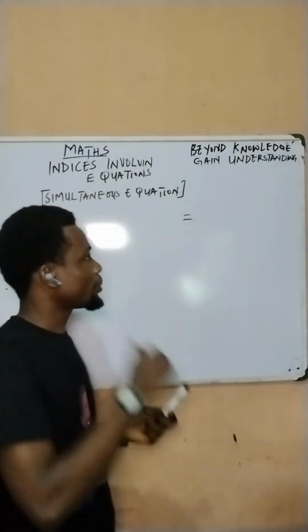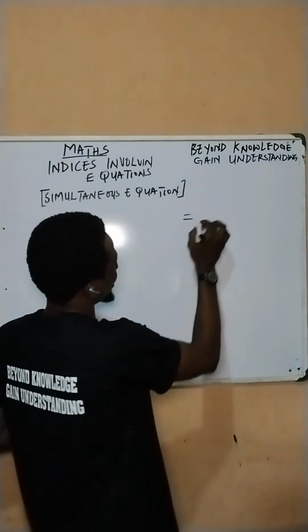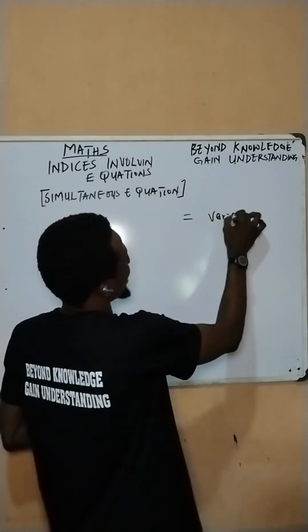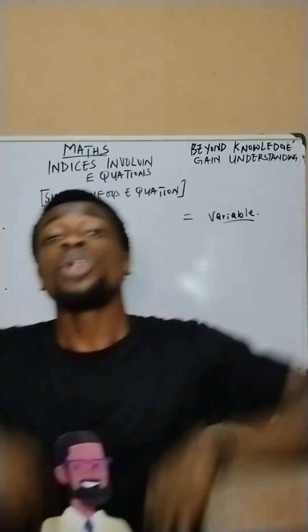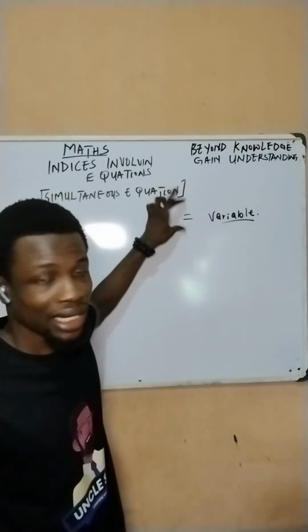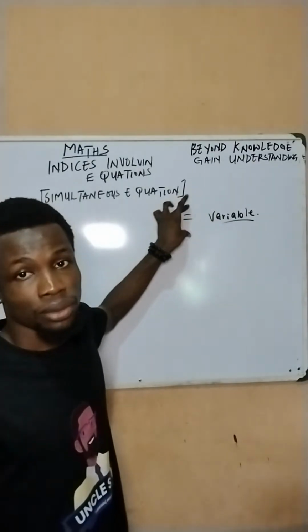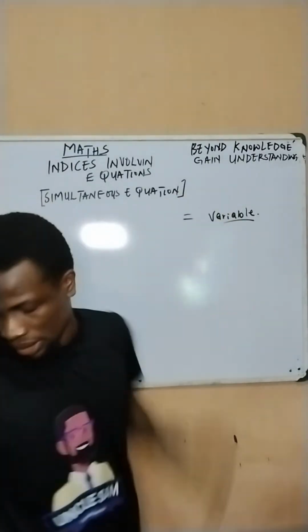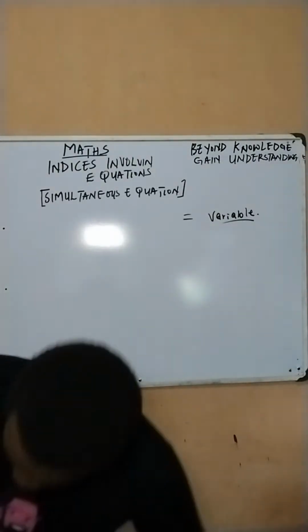Another point is that every equation must have a variable. Variable in this case simply means what you are looking for. It's not negotiable: it must have an equality sign and it must have a variable. These are the two things that every equation must possess.